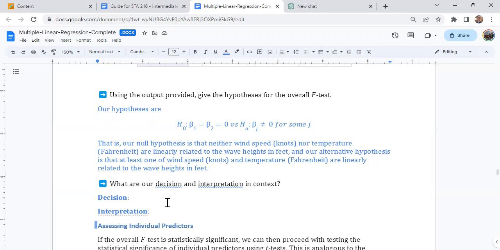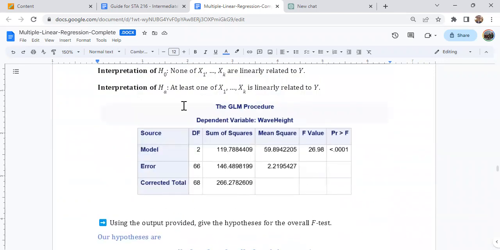So based on the ANOVA table up here, what's our decision and why? Yeah, reject H0, right? And what from the table told us that? Right, this last column.